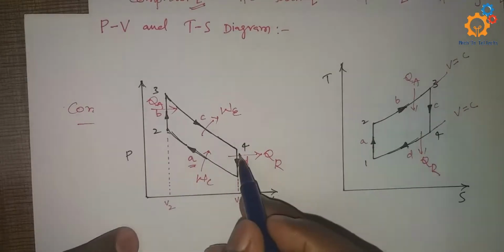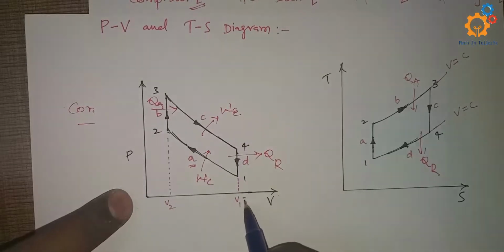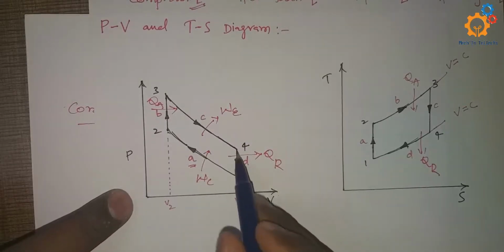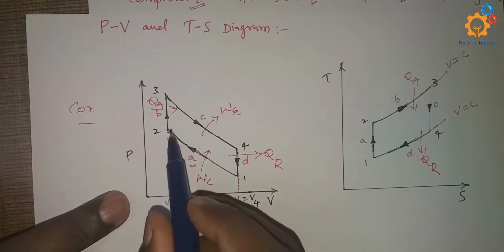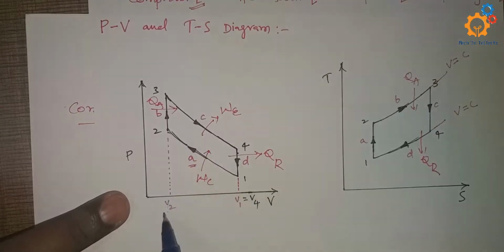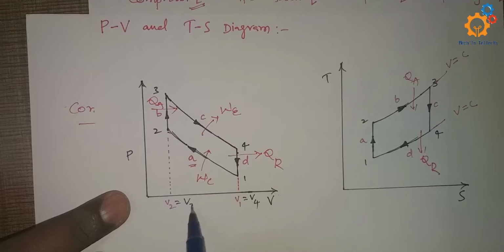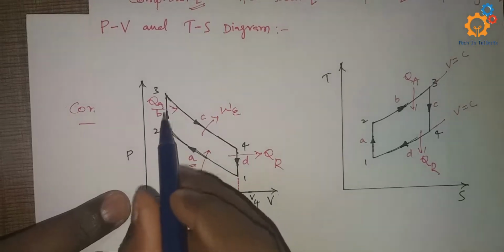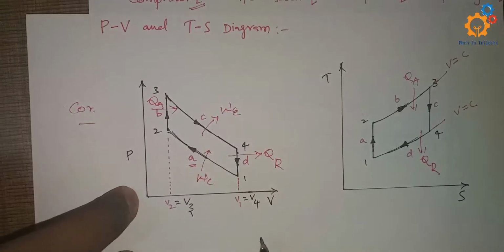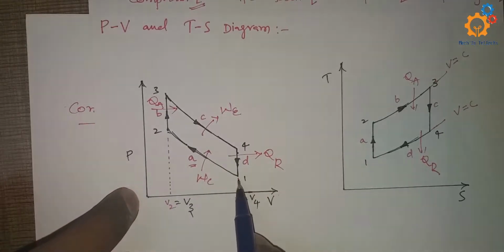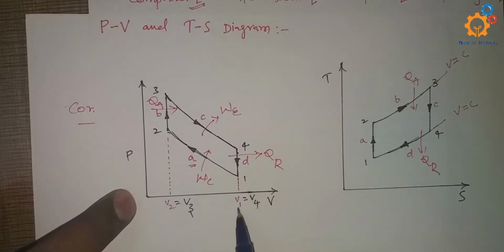Okay, in the figure itself you can see that V1 is equal to V4 because it is a constant volume heat rejection process, and again V2 is equal to V3 because 2 to 3 is a constant volume heat addition process, right? So compression ratio can be taken as V1 by V2 or V4 by V3.